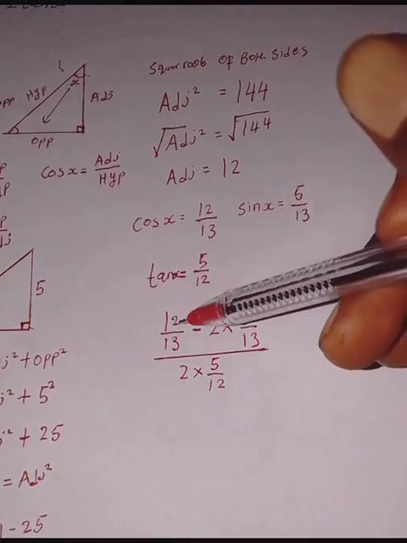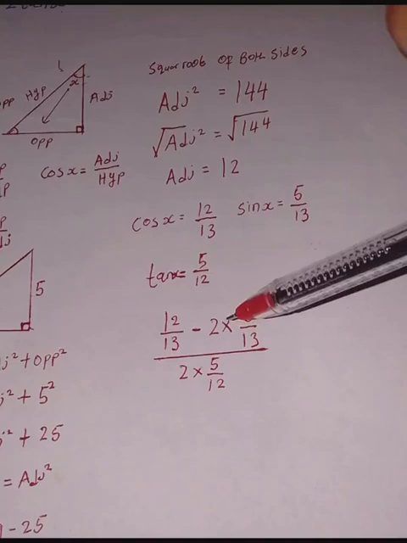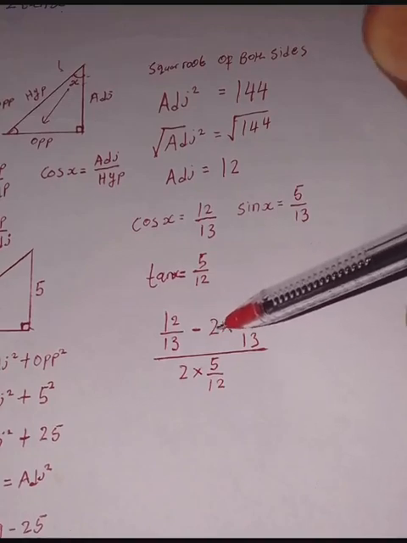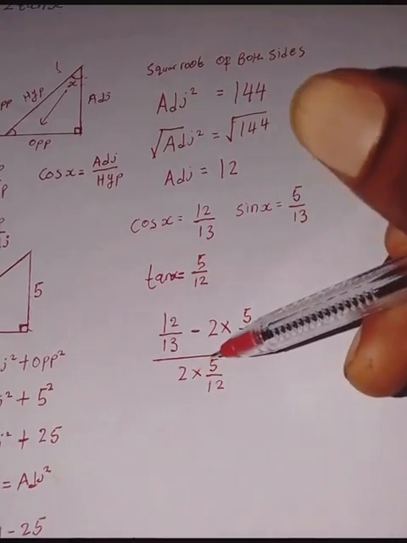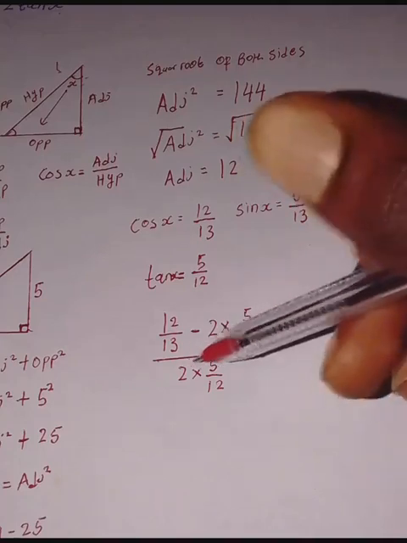So we already have 12 over 13 here. What do we do here? We do 5 times 2 here, and 5 times 2 is 10. The same thing for this part too: 5 times 2, 10.